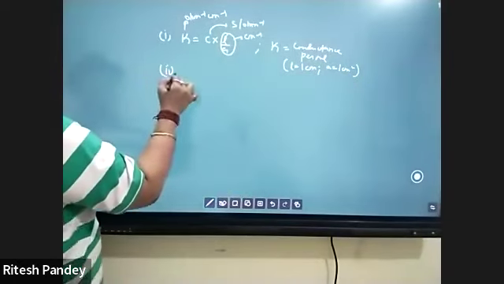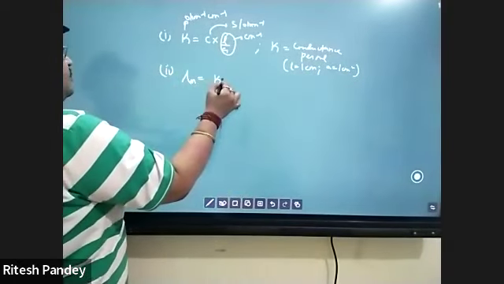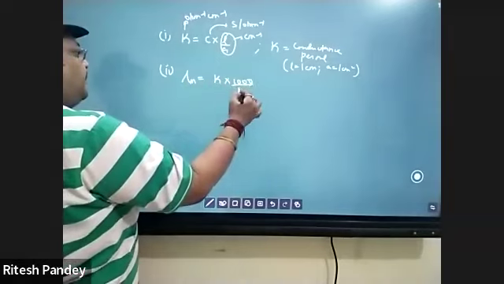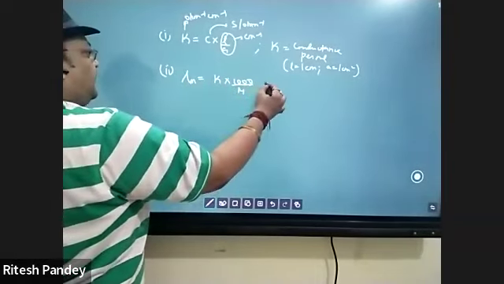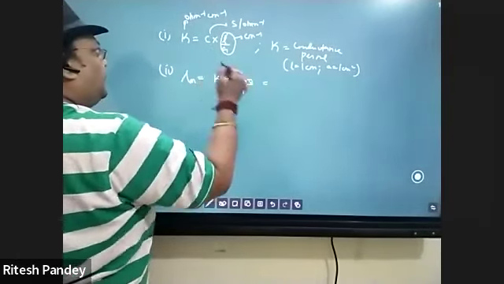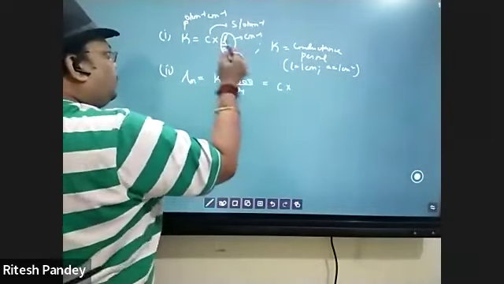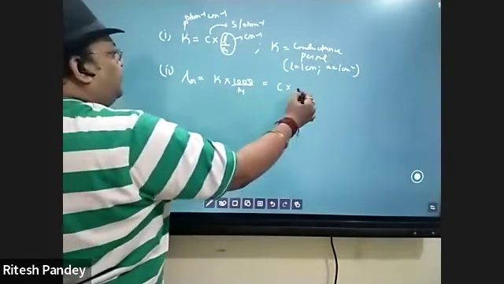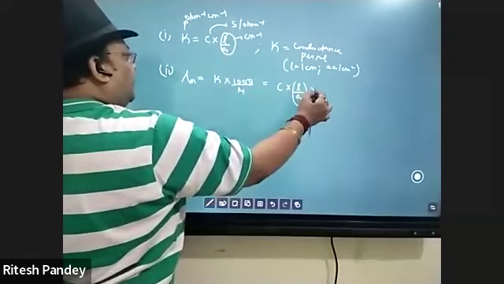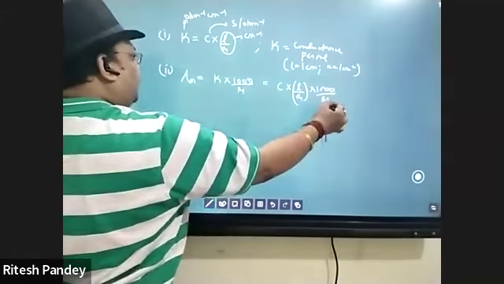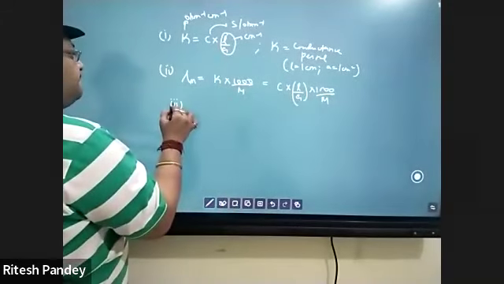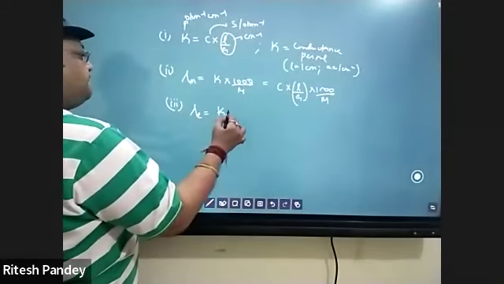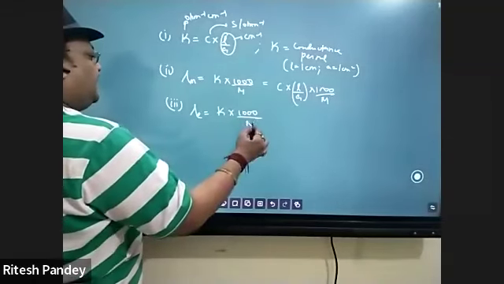And then when you arrive at molar conductance equal to kappa into 1000 by M, many times you'll want to write molar conductance in terms of conductance. Many times they'll give you the resistance, so 1 by resistance is going to be required. Get used to this extended form as well. This is N normality.